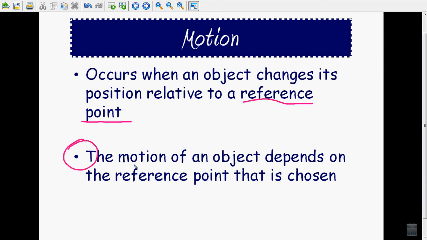It's just a matter of choosing the right reference point. You're not moving in reference to the chair you're sitting in, but you are moving in reference to the sun and the stars. So it's very important that when we talk about motion, we declare what our reference point is. In physics, it's very, very important to be specific about our reference points.